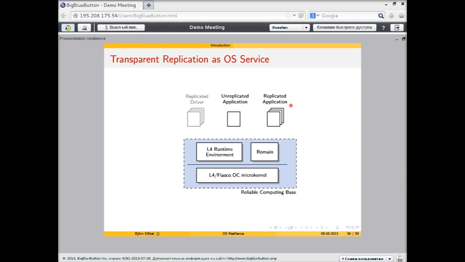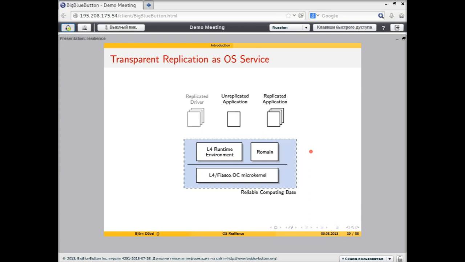These components are the microkernel itself, some parts of the runtime environment, and the replication service Romain. These components cannot be protected by replicating themselves because this is kind of a chicken and egg problem. You cannot use the replication service to replicate the replication service. This doesn't work. So we need to find some other measures to protect this layer down beneath here.